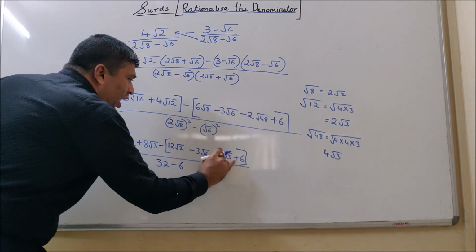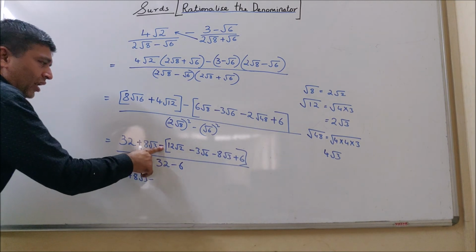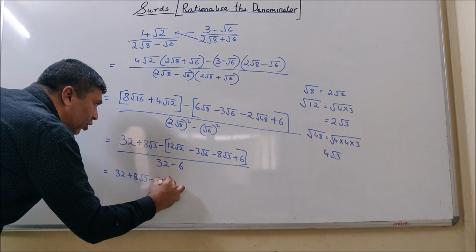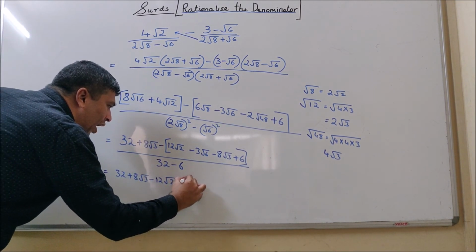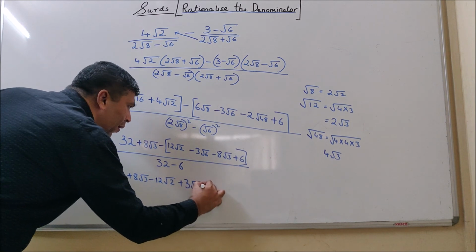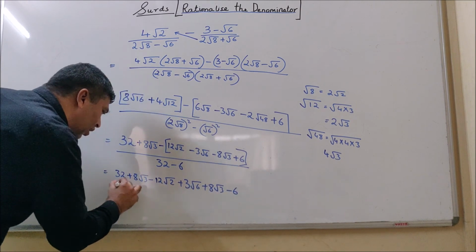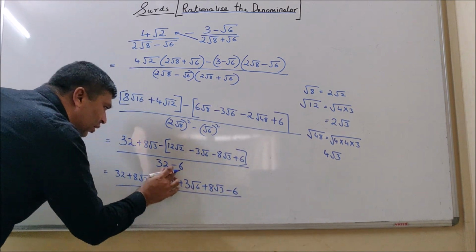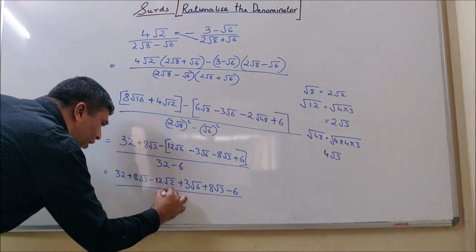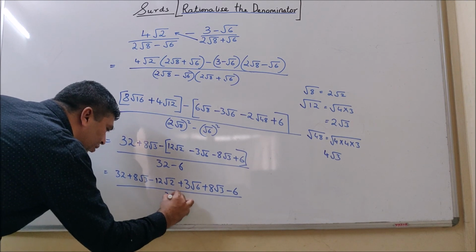All the signs inside the bracket will reverse because there's a minus sign outside it. 12 root 2 plus 3 root 6 plus 8 root 3 minus 6 over, you have this, that is 26.